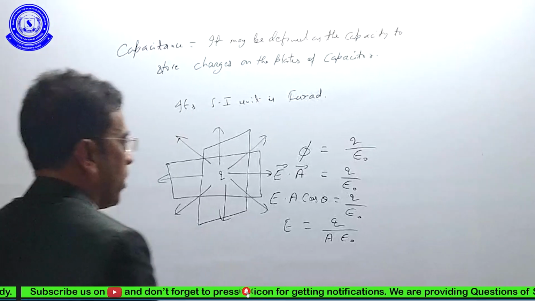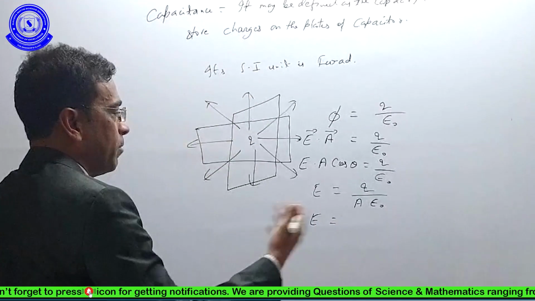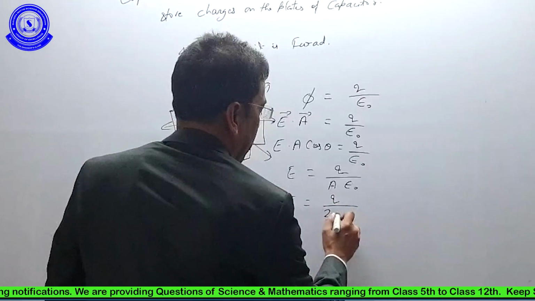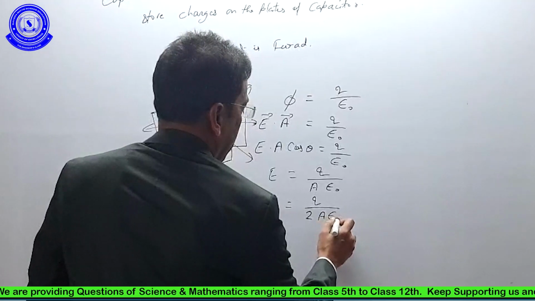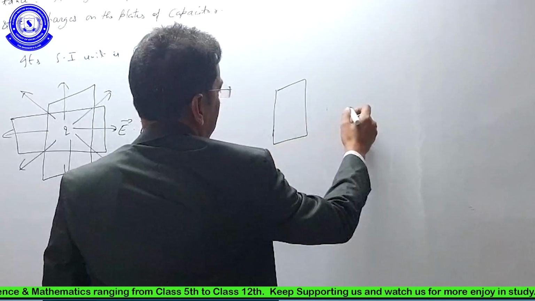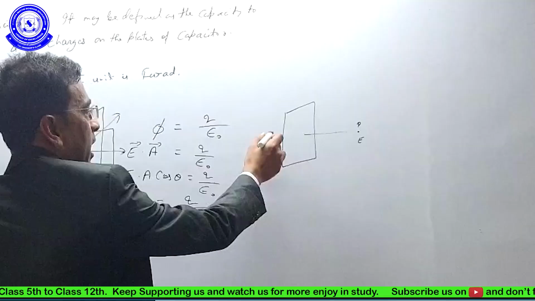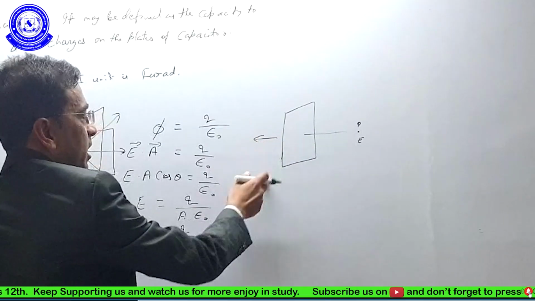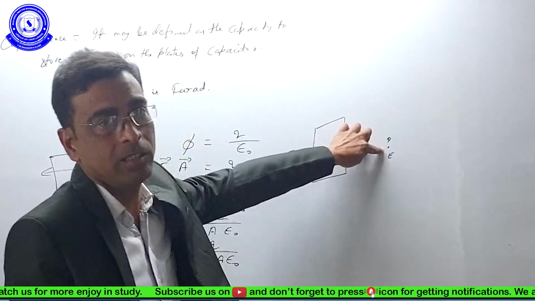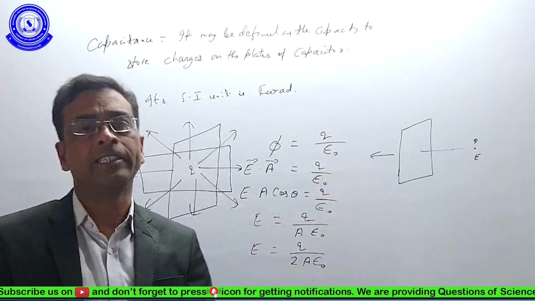Again, if half the flux is used, it will be denoted as Q by 2 A epsilon naught at any point for this plate, if we have to find the electric field at this point P. The electric field lines just opposite to this direction will not be counted because we have to find the electric field at this point, so we cannot consider them.